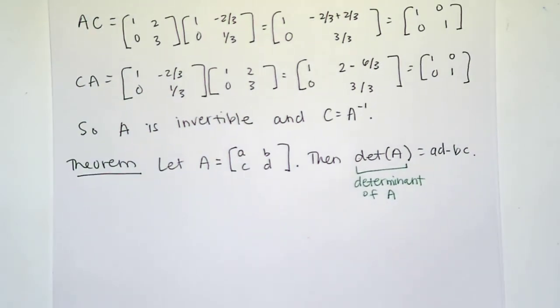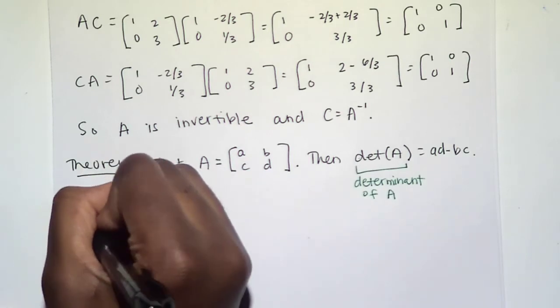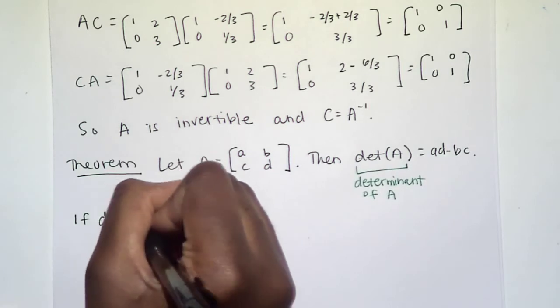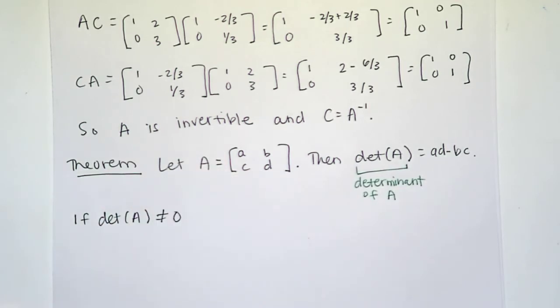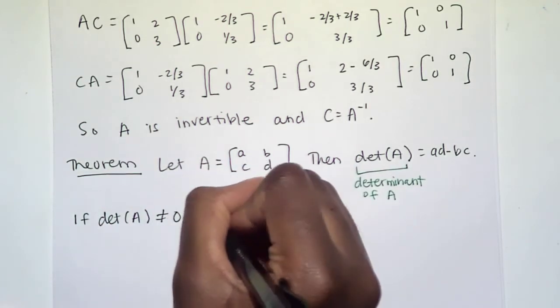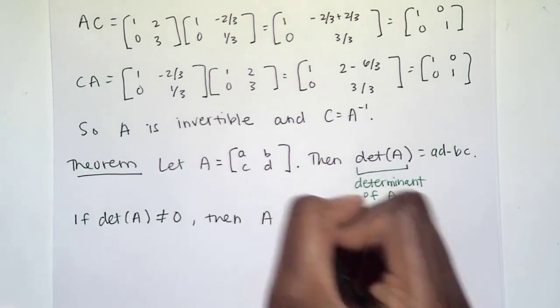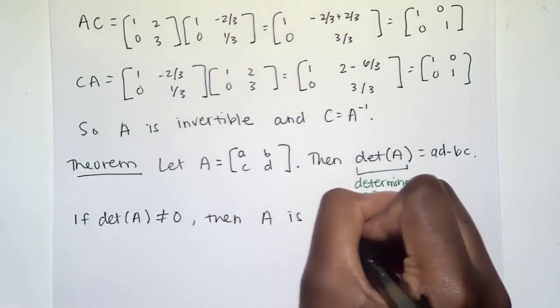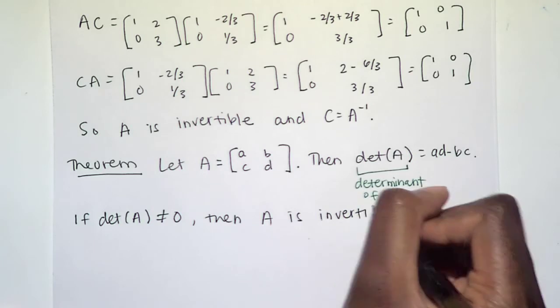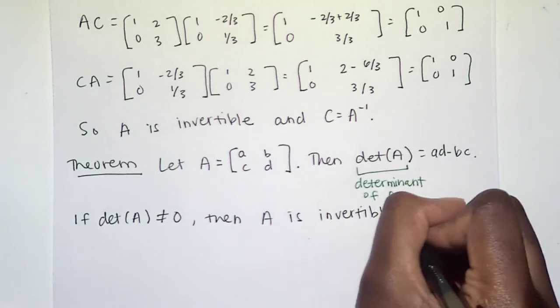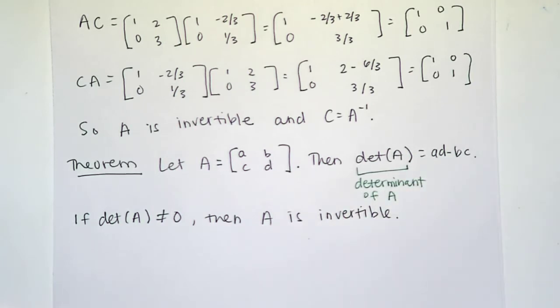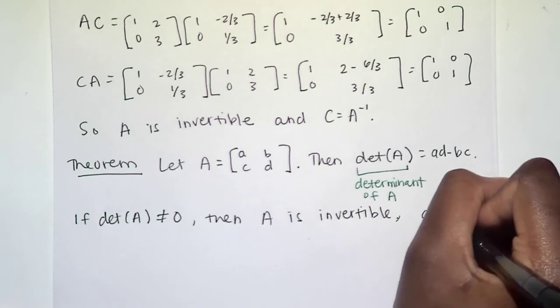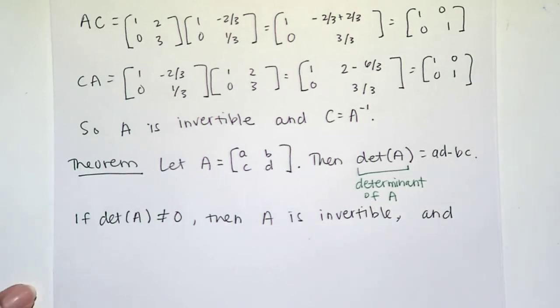All right, so if the determinant is not 0, that's good for us. So if the determinant of A does not equal 0, then our matrix A is invertible. And we can actually define the inverse.